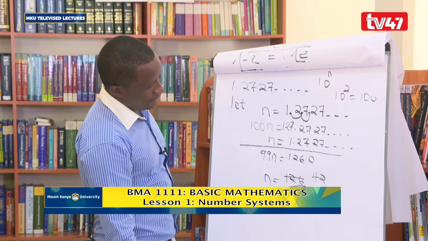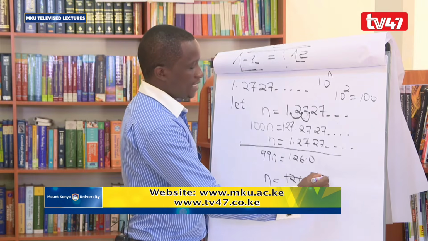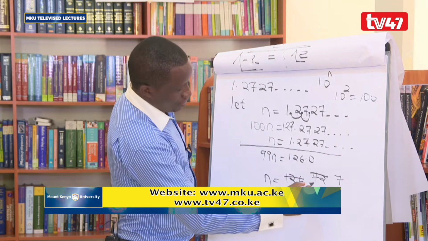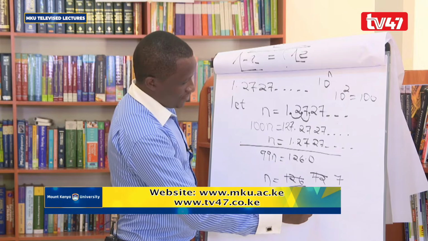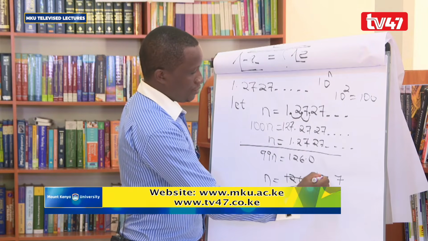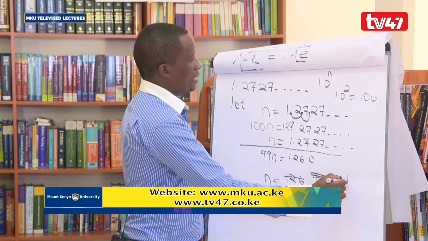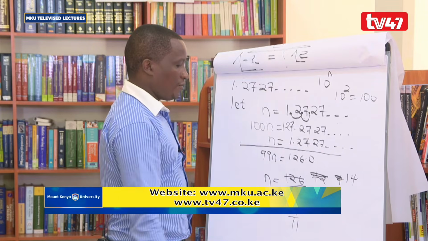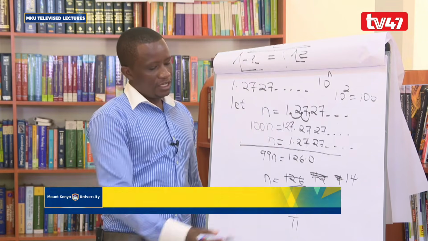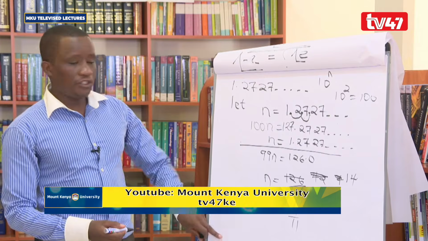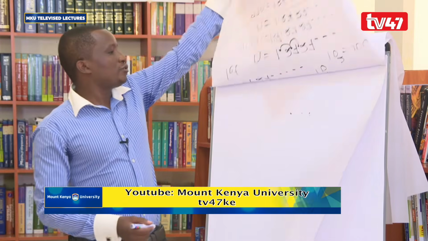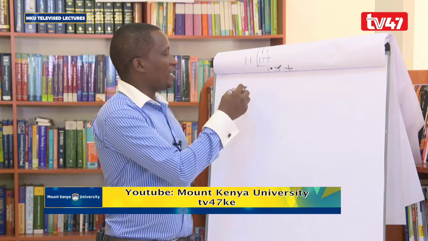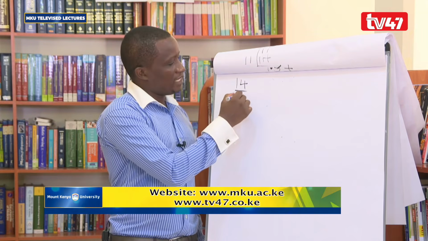And a further simplification, we can go by 3, so that we have 14 and 11. So we have 14/11. This fraction, if divided by long division, is probably going to give us what we had over there. So we found that the representation of the recurring decimal is 14/11.